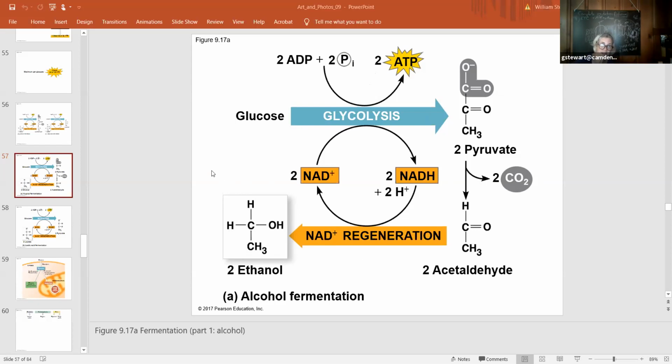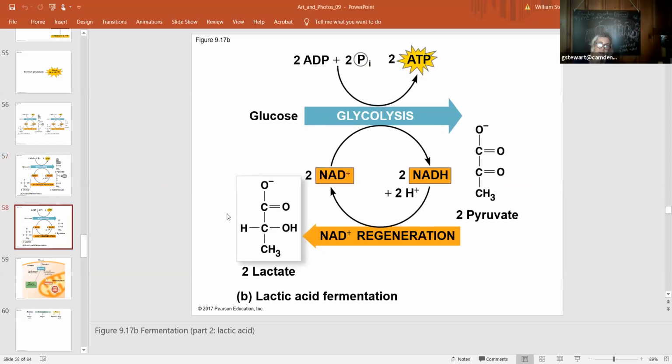If I'm a yeast cell, for example, a fungus cell, or a bacterial cell, I might be able to get enough ATP by fermentation because it's so many fewer steps. It can happen super quickly, much more quickly than going through the prep step, the citric acid cycle, and the electron transport chain. And if I'm a single cell, I don't need as much ATP as a whole organism.